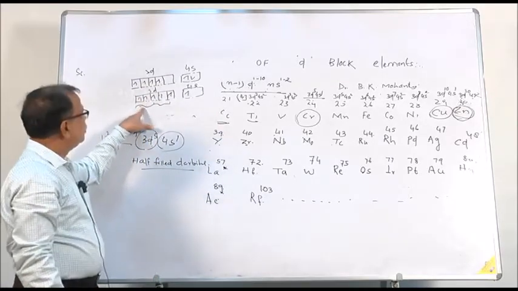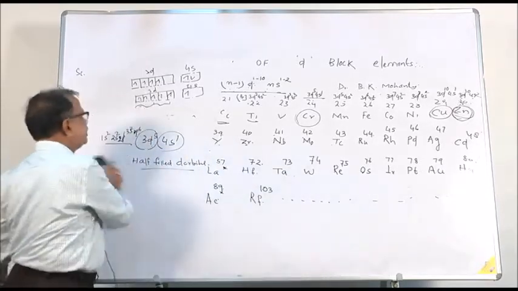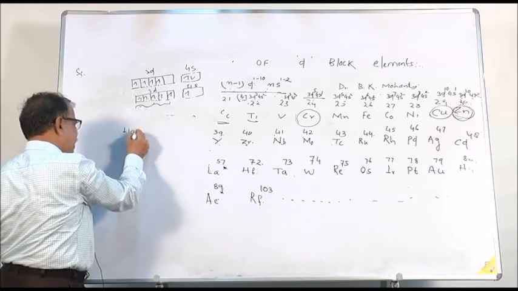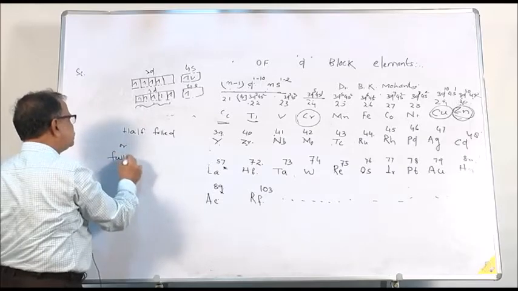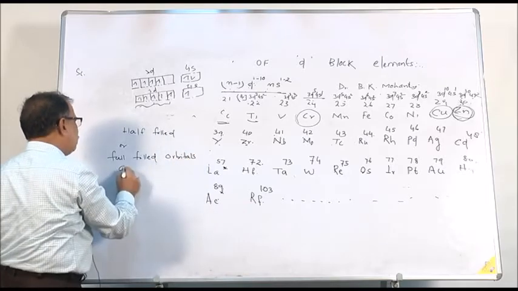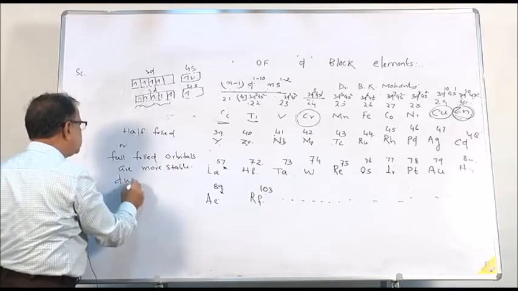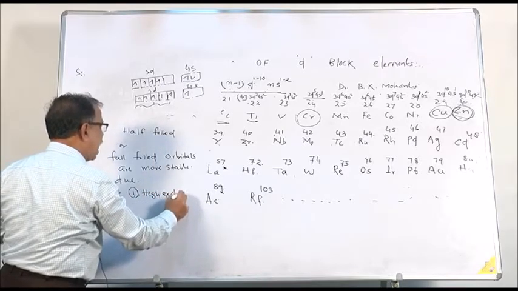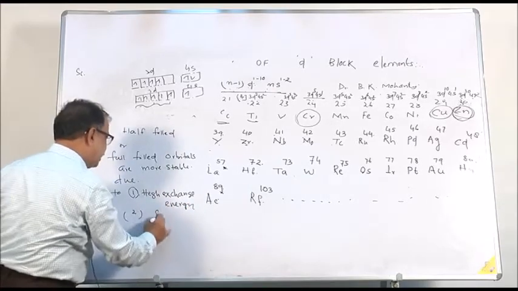Why is half-filled more stable? One can say it is due to two factors. Half-filled or fully filled orbitals are more stable due to, number one, high exchange energy, and the second factor is symmetry.